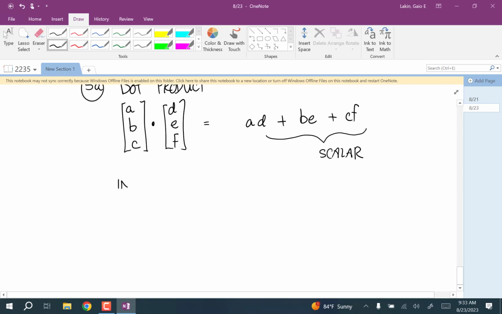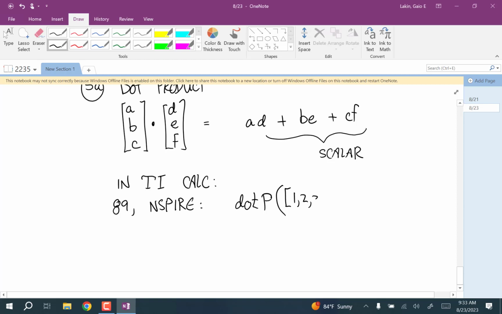In a TI calculator, if you have an 89 or an Inspire, there's a function lowercase dot, capital P. Let's make this one 3, 2, 1.